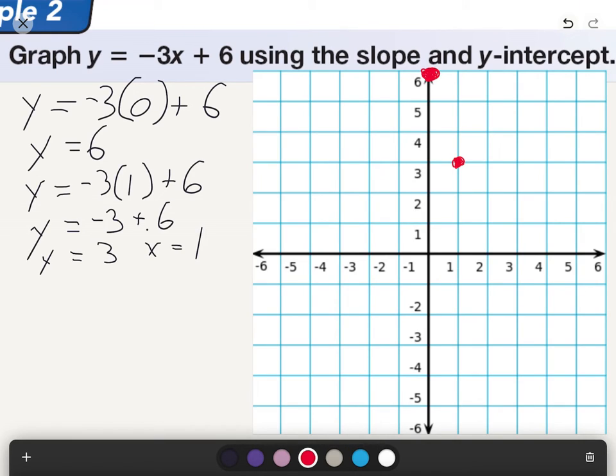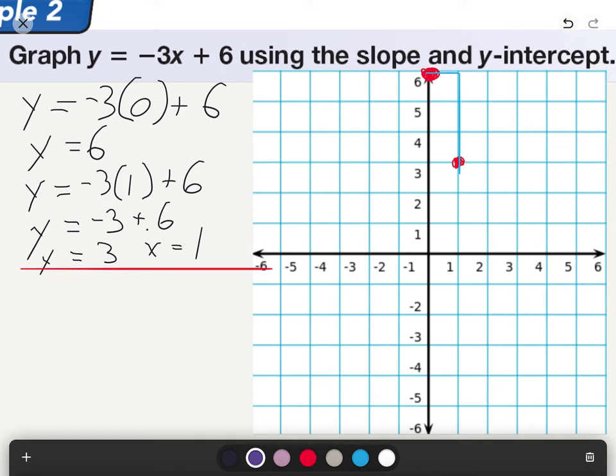So what if x equals 2? But really, would we need to do anything further at this point? I'll do one more just for illustration purposes, but we have already figured this out: for every 1 we move forward, we're going to go down 3.